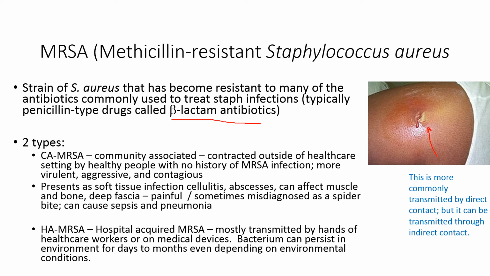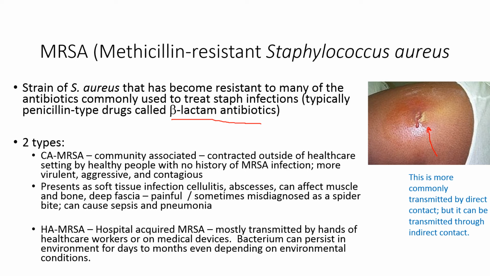Other side effects or signs and symptoms of this MRSA infection include cellulitis, abscesses. It can penetrate and affect muscle and bone. It can affect deep fascia and cause an extremely, extremely painful wound.